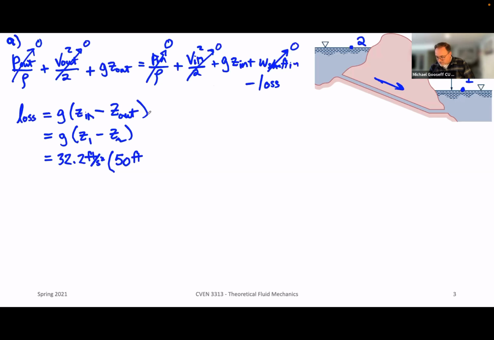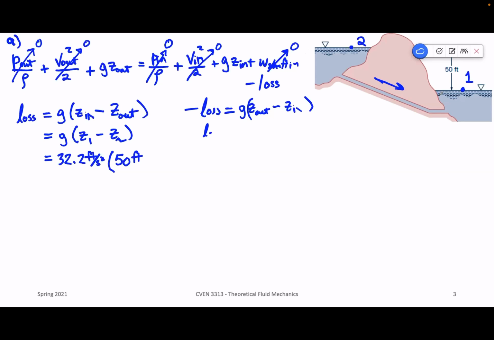Let's see. Loss minus loss is equal to g times Z out minus Z in. Right? And if I go through and multiply through by a minus, I get loss is equal to a plus in minus out, and that makes a minus 50.